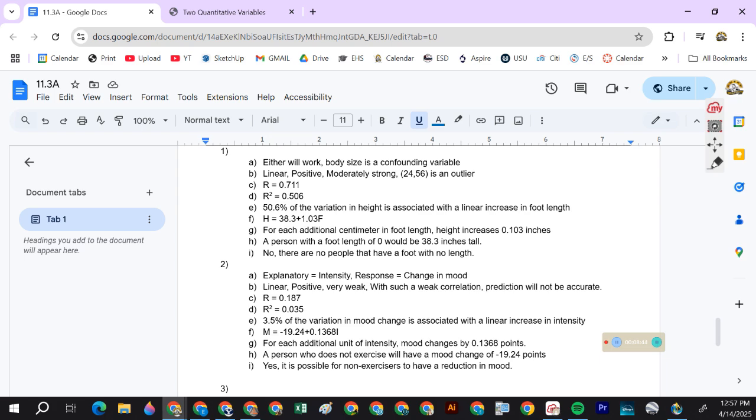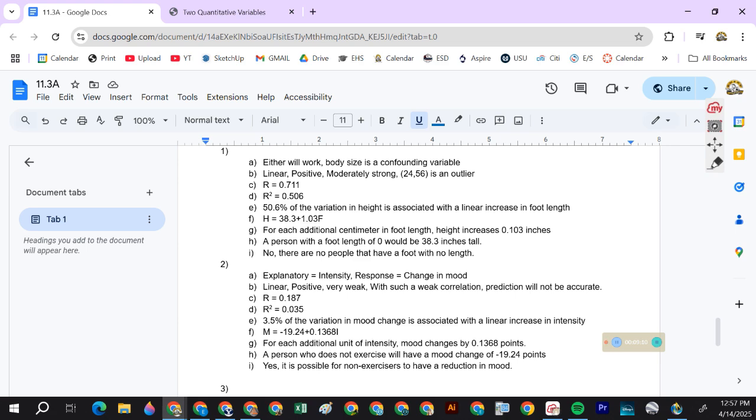Letter E, 50.6% of the variation in height is associated with a linear increase in foot length. Okay? So about half of your height is predictable by how long your foot is. Now, predictions are going to be messy, right?